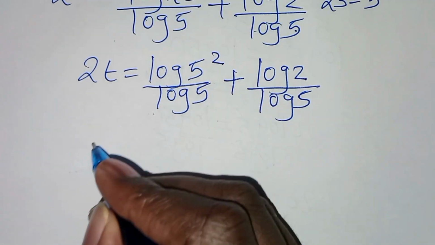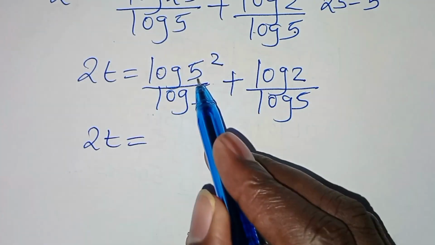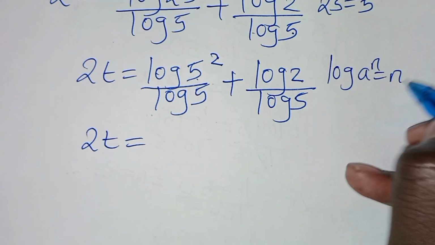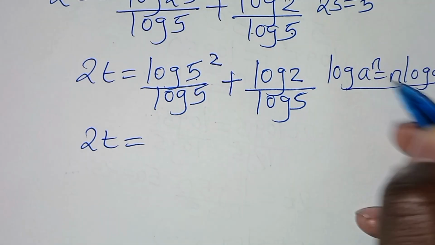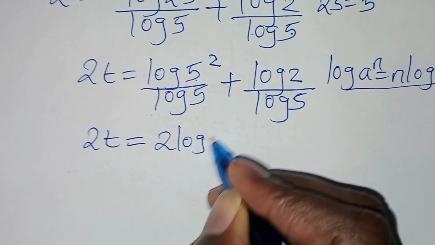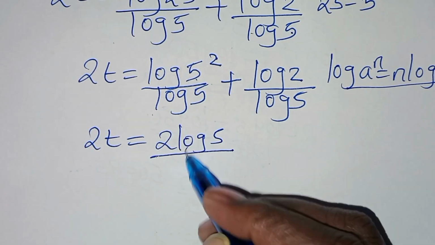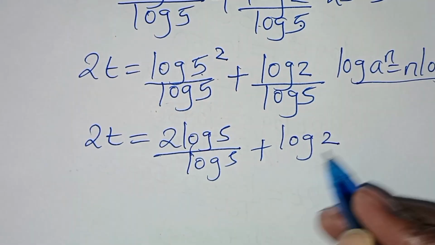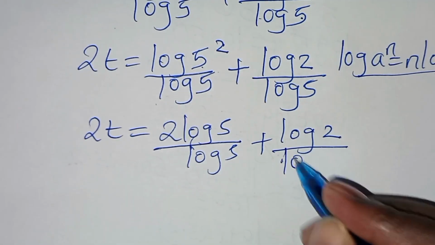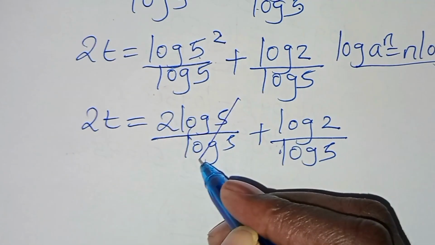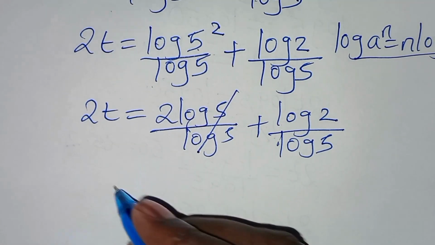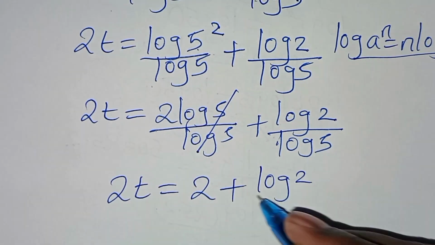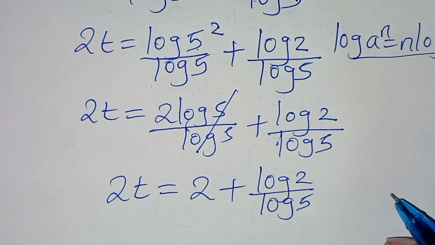Applying the power rule property, log a to power n is n log a, so we'll have 2 log 5 divided by log 5 plus log 2 divided by log 5. Log 5 simplifies, so that we'll have 2t equal to 2 plus log 2 divided by log 5.